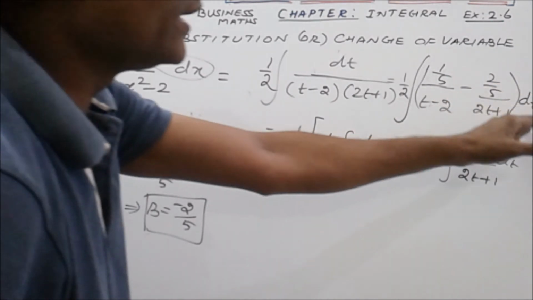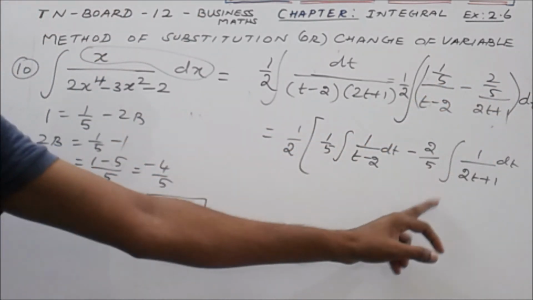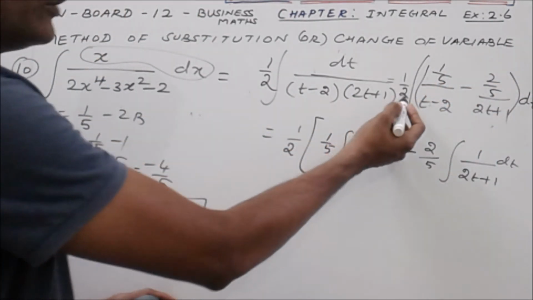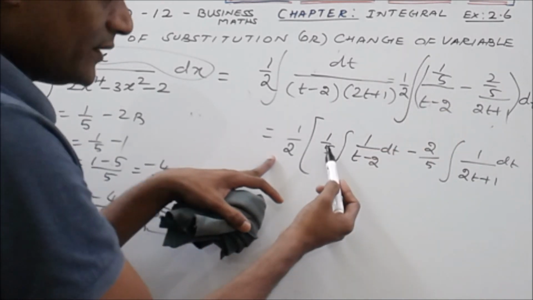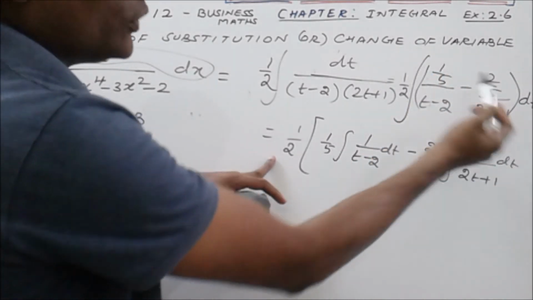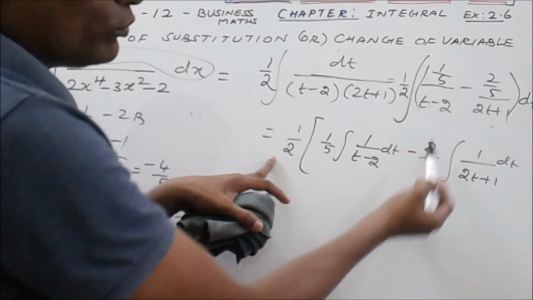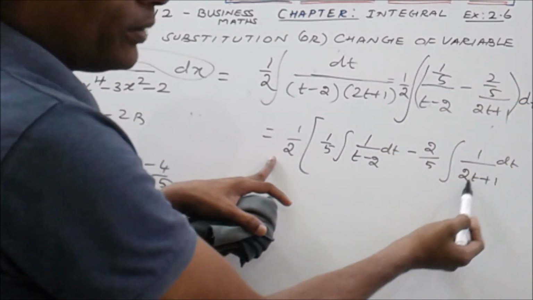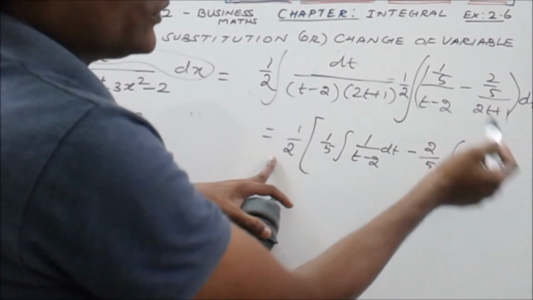Now bringing integral and dt inside for both the terms, we get 1 by 2 remains here, this 1 by 5 is placed here, then the remaining 1 by t minus 2 into dt. Then minus 2 by 5 here, 1 by 2t plus 1 is here into dt.